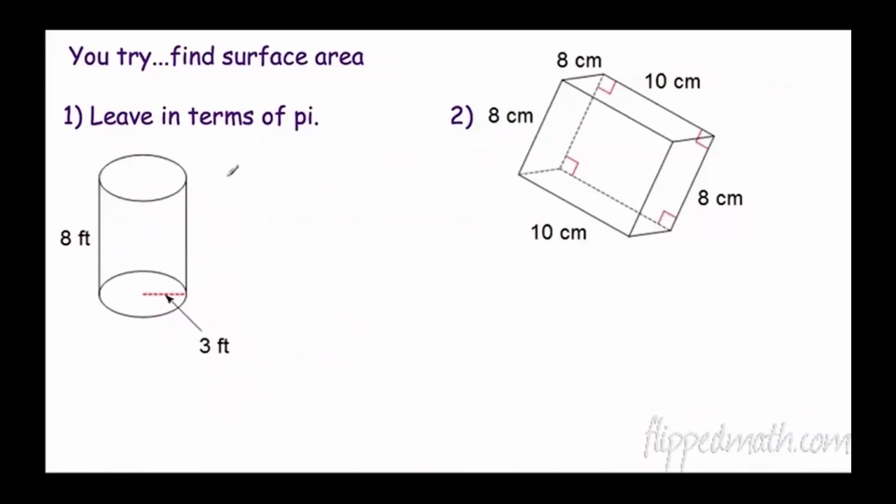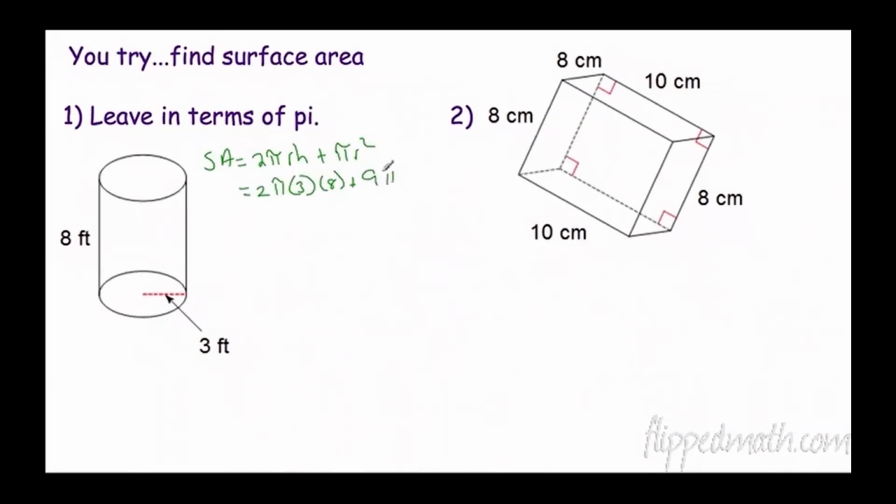All right, welcome back. So these are kind of good because I think there's a little trick here on the one. Let's find the surface area. So surface area equals 2 pi RH plus pi r squared. 2 pi times the radius, which is 3, times the height, which is 8, plus r squared, 3 squared. So that's going to be 9, right?